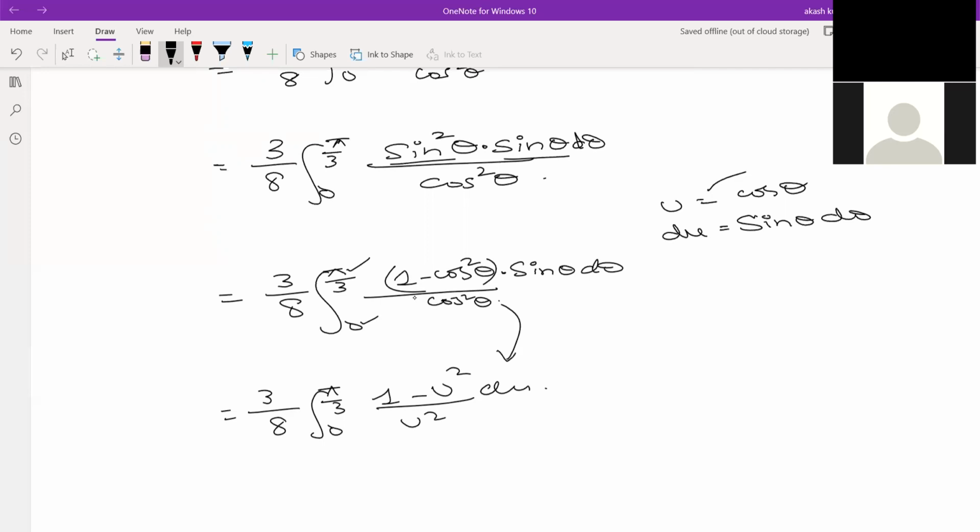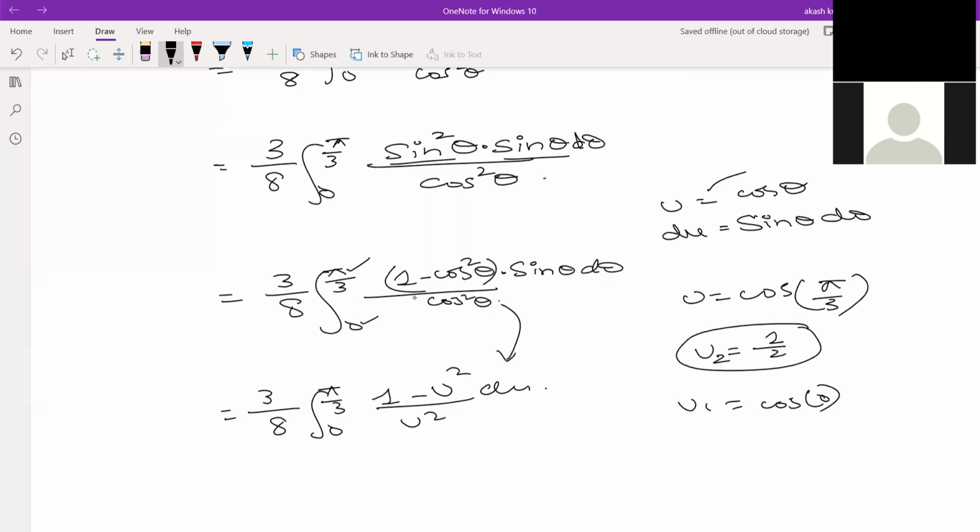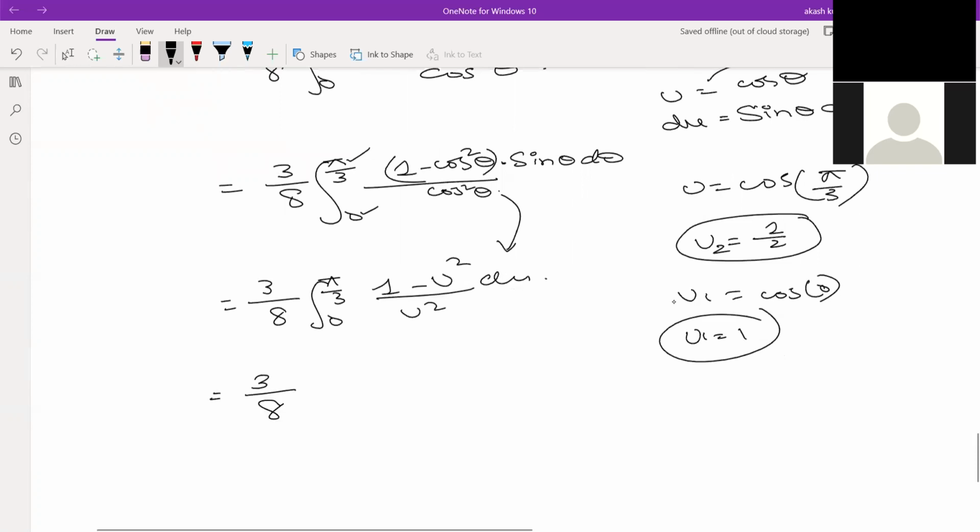My upper limit pi by 3 becomes u equals cos pi by 3, which is half, and my lower limit is 0, so cos 0 is 1. So 1 to half.